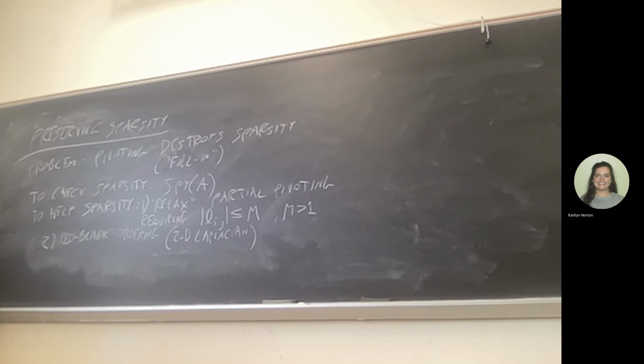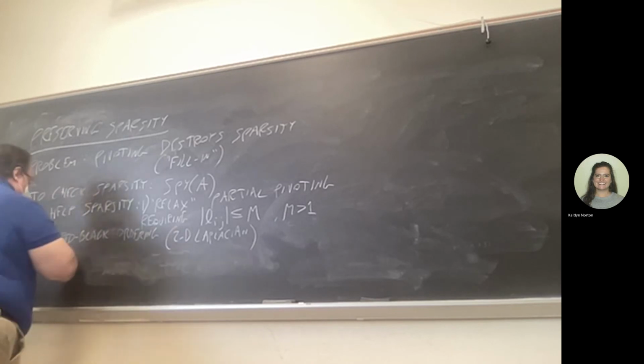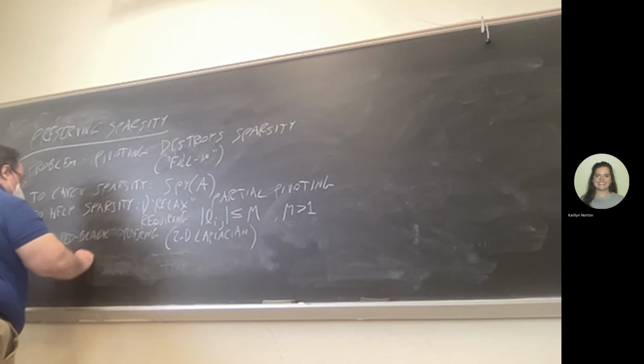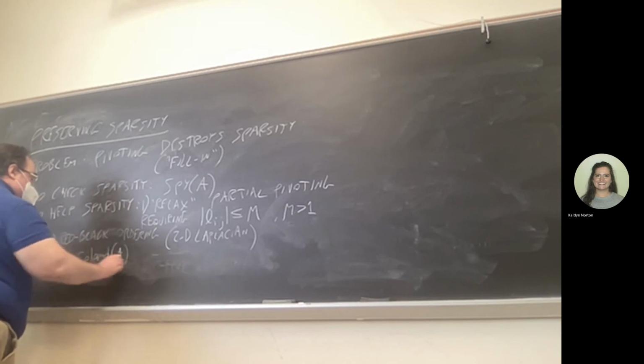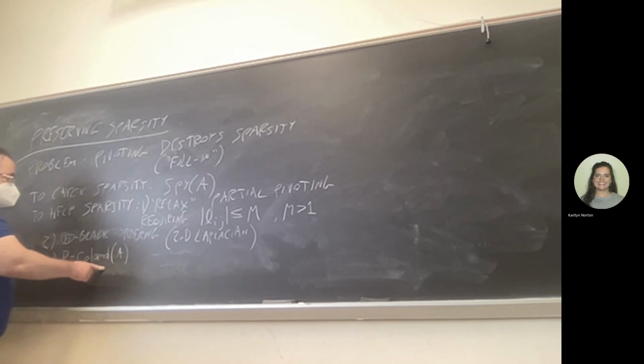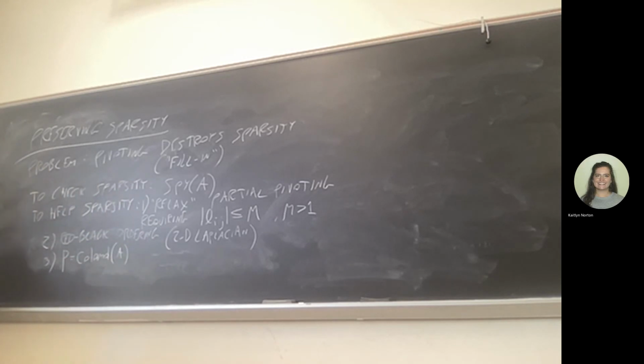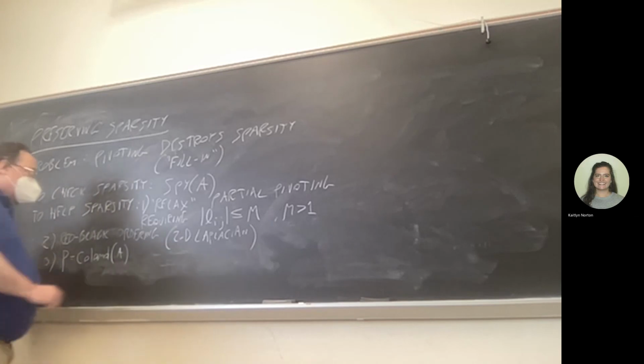Okay, now, here are some other things you can do that are more generally applicable than this. There is this MATLAB function called COLAMD. You give it a matrix, and it will return a permutation matrix.